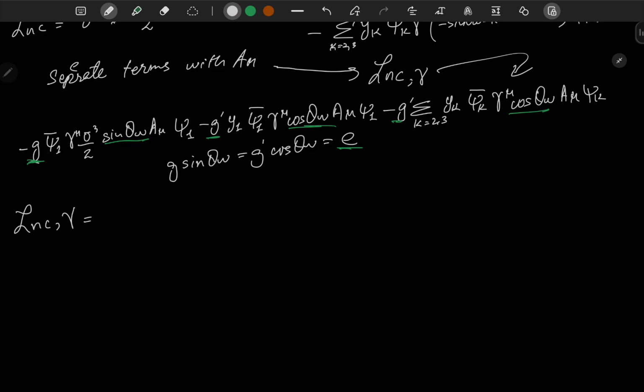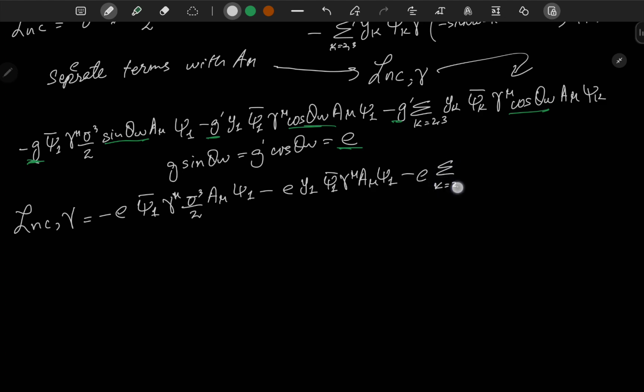So minus e psi 1 bar gamma mu sigma 3 over 2 a mu psi 1 minus e y1 psi 1 bar gamma mu a mu psi 1 minus e, k equals 2 and 3, y k psi k bar gamma mu a mu psi k.